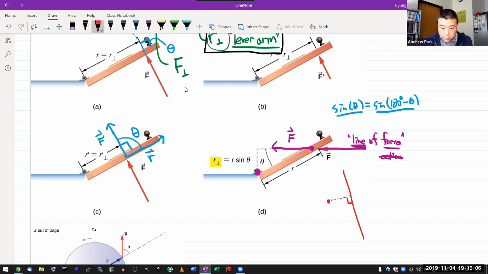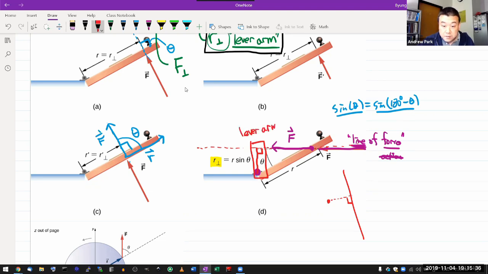So that's what we are going to do here. This force, unfortunately, is only a segment. So as a matter of procedure, we first need to extend this segment into a line that goes infinitely in either direction, and find the perpendicular segment that drops down from the point onto that line of force. And this is the lever arm.